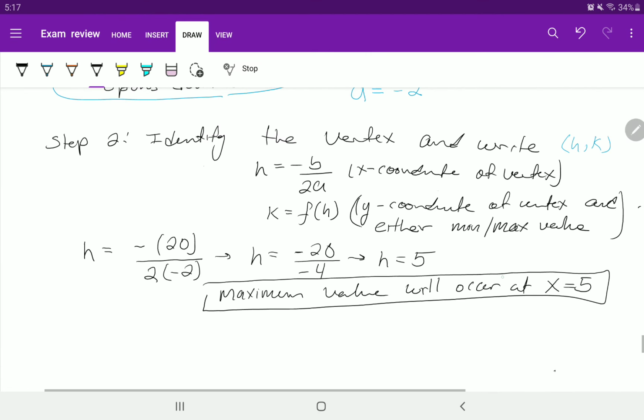In this case, the function's maximum value will be the value of k, which is the y-coordinate of the vertex. To find k, we plug in h into the function. H is 5. So that means k equals g of 5.